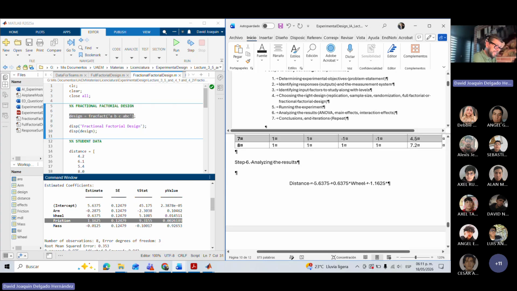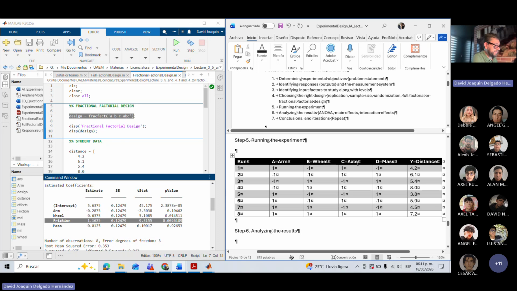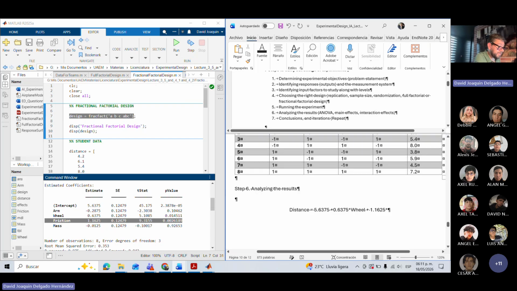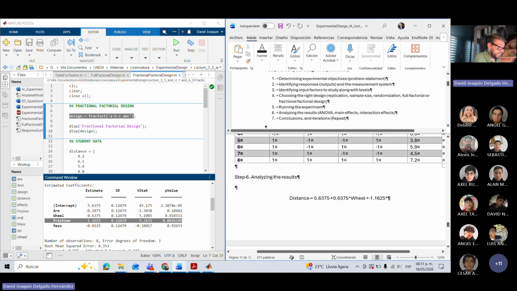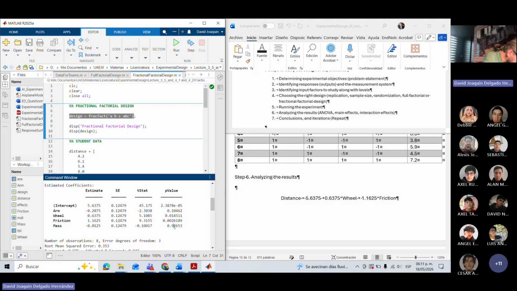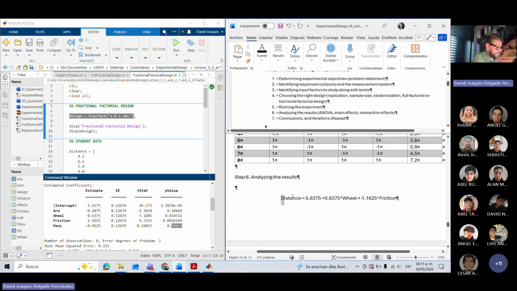Instead of axle, I will put friction, in order to have coincidence between the Matlab and the Word file. And that's it. The mass doesn't matter because this value is larger than 0.05. So this will be my model, a very simple model.